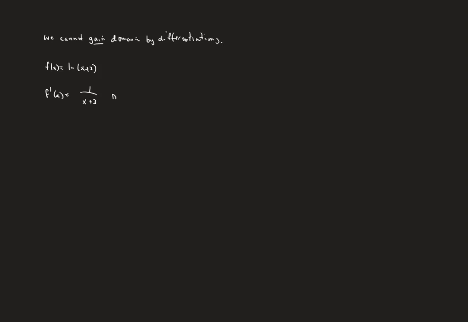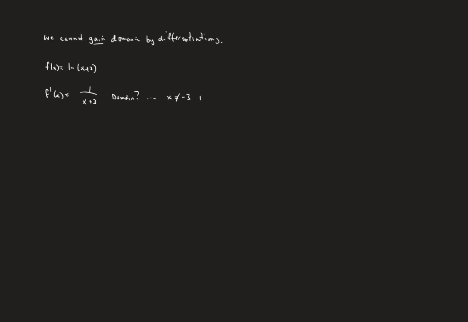So if we ask what is the domain of this derivative, then at first glance, we might say, well, the only issue is you can't get a 0 in the denominator, so you might think incorrectly that the domain would be everything except for -3.